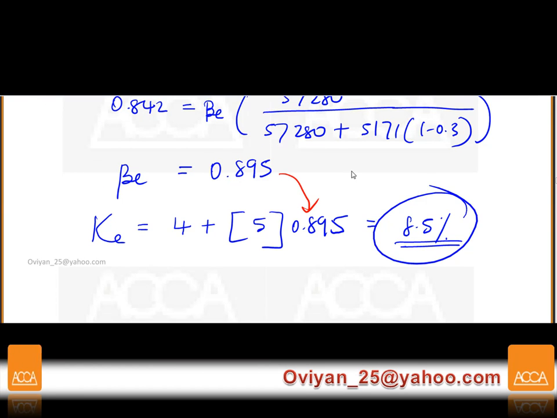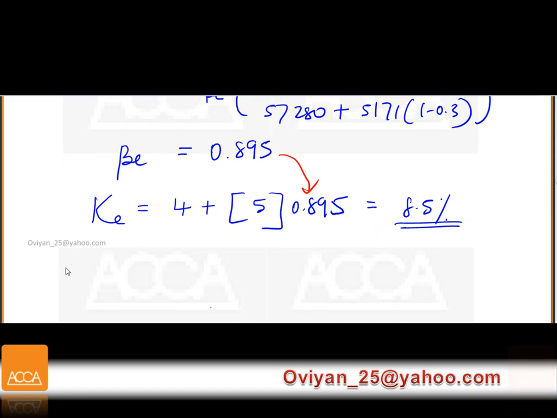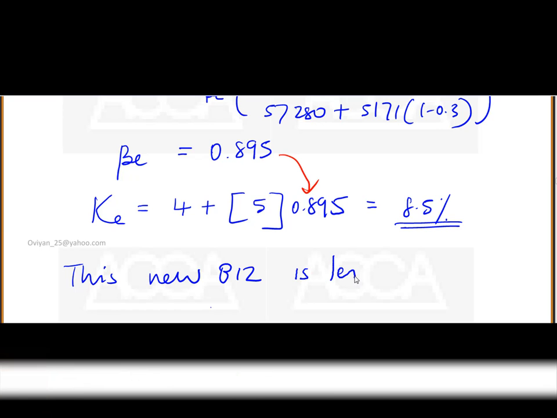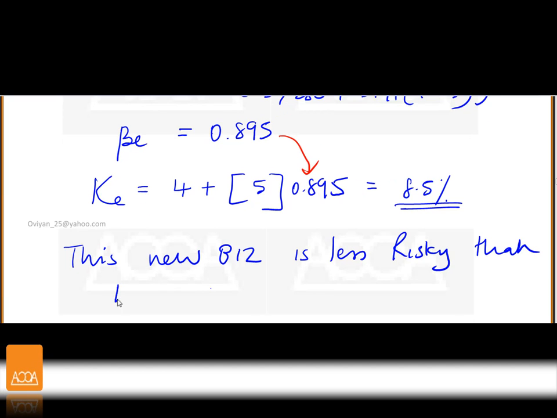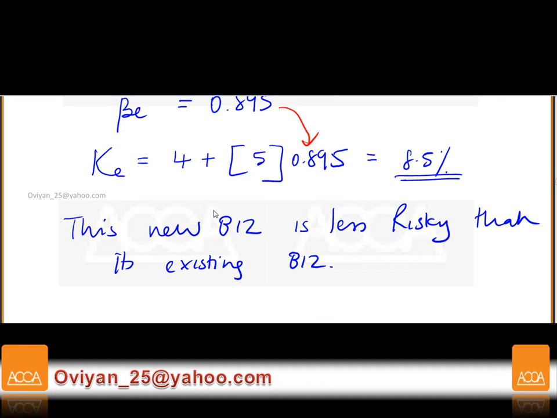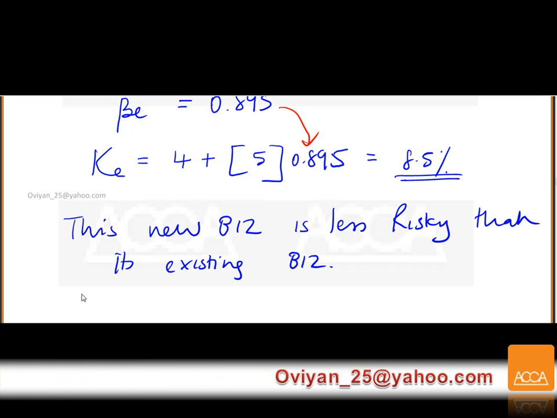Cost of equity also fell down. So I can say that this new business is less risky than its existing business. That will be the answer for part D.